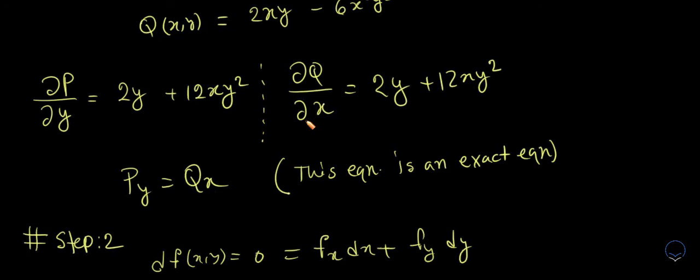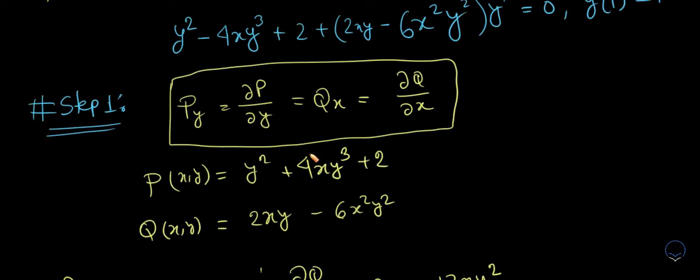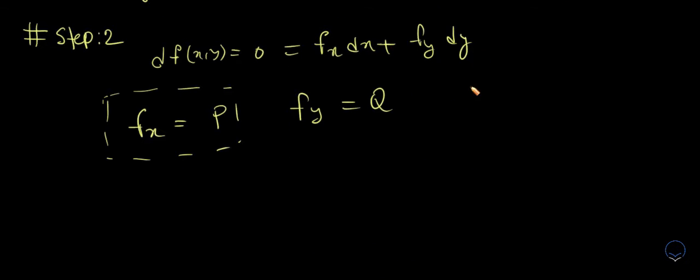So again, our P over here is y squared minus 4xy cubed plus 2. Let's write that again so that we don't confuse ourselves. So this was y squared minus 4xy cubed plus 2. This was P(x,y), right? I'm not writing P(x,y) explicitly, but you understand this is a function of two variables.